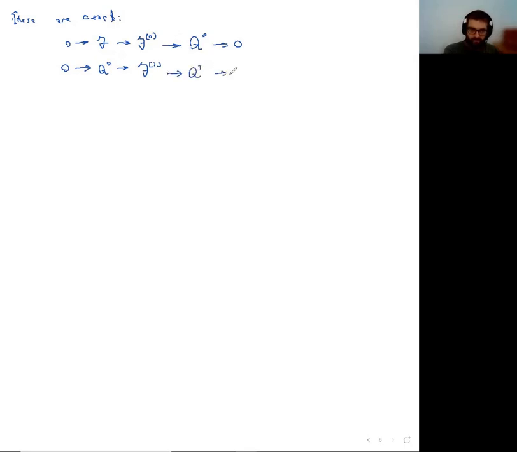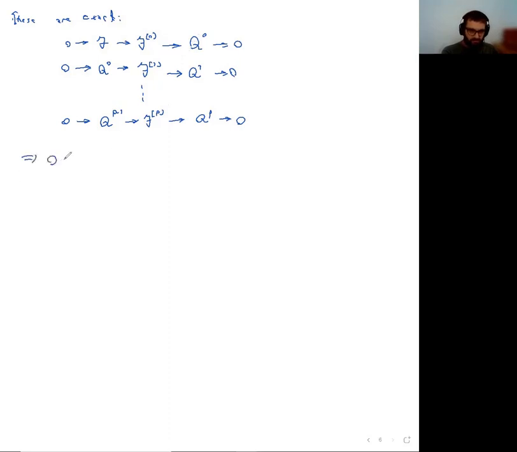And here we put Q1. And in general, you're going to have 0, Q p minus 1 into F p into Q p. Yeah, these are all short exact sequences, simply by definition. You have a sheaf, you have a subsheaf, and you just take the quotient.